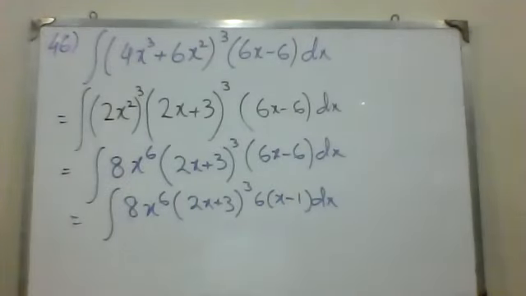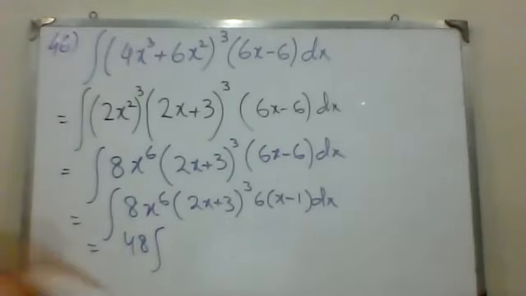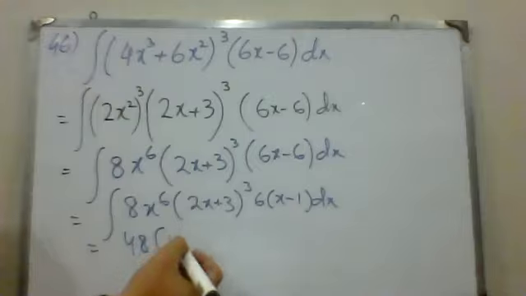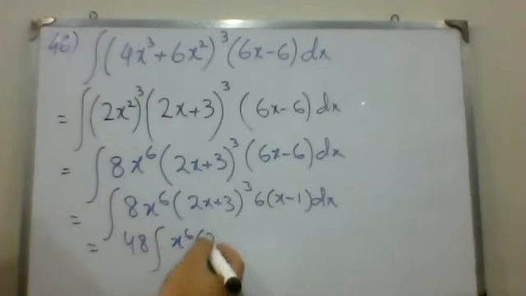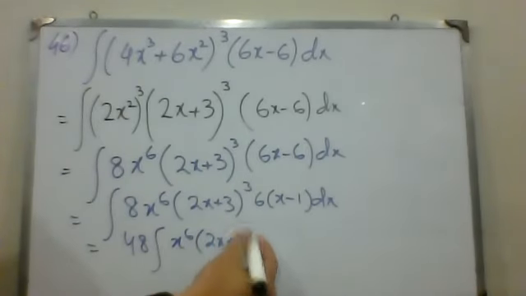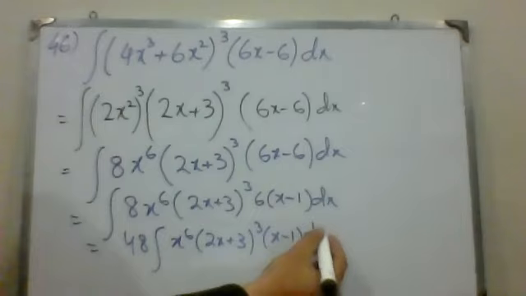Now next, 6 8s are what? 48, constant outside, taking outside of the bracket, and x power 6, 2x plus 3 whole power 3, x minus 1 dx.